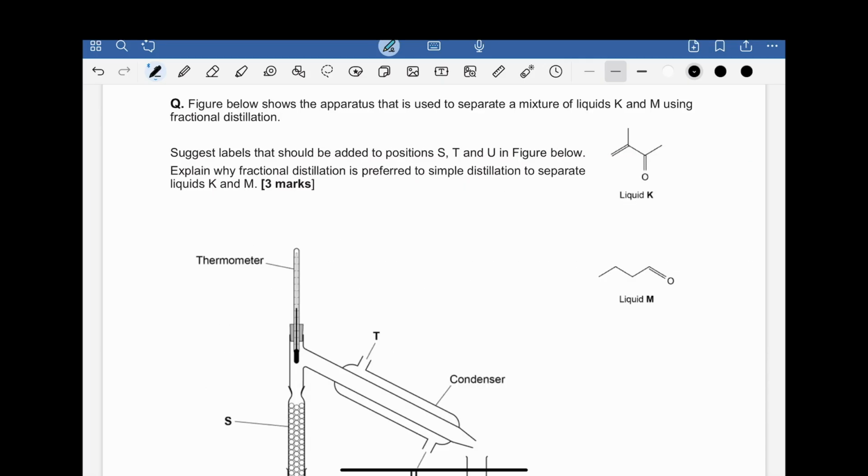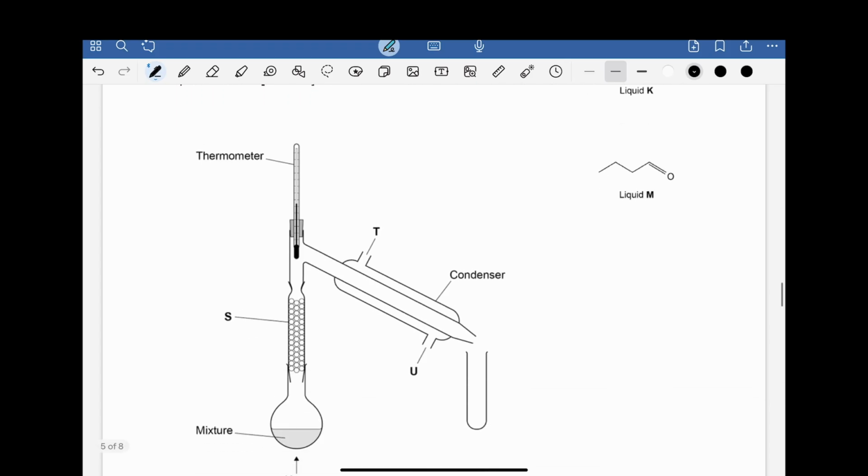The figure below shows the apparatus that is used to separate a mixture of liquid K and M using fractional distillation. Suggest labels that should be added to positions S, T, and U in the figure below. Explain why fractional distillation is preferred to simple distillation to separate liquid K and M. Let's have a look.